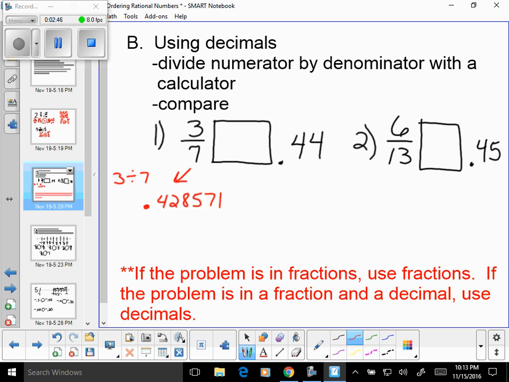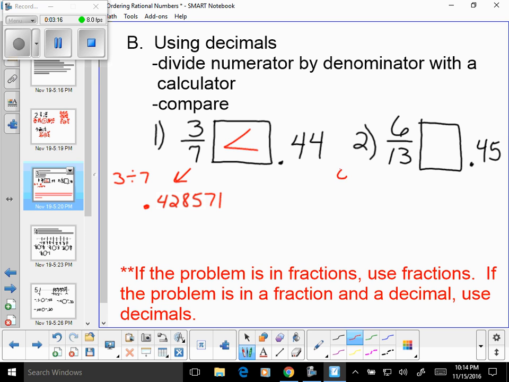What we do is we compare place value by place value. We have a 4 in the tenths place on the left. We have a 4 in the tenths place on the right. Going back to the left side, I have a 2 in the hundredths, and I compare that to a 4 in the hundredths. Well, 2 is less than 4, so 3/7 is less than 0.44.